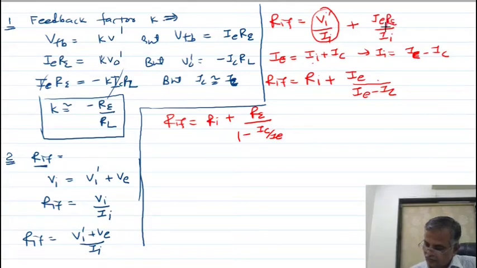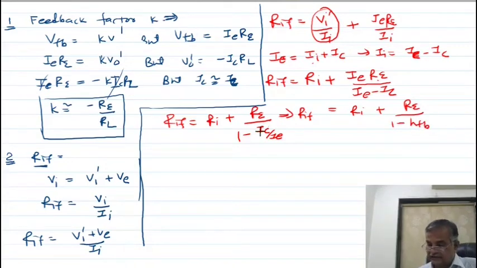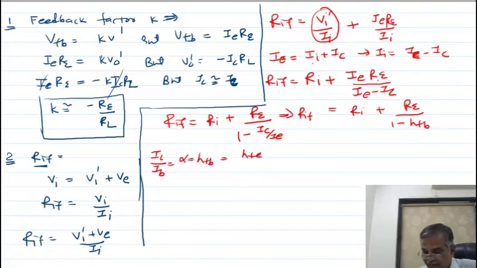Re, I should use a proper symbol. This is Re. Now, this is another Rif, which is nothing but Ri plus Re over 1 minus HFB, collector current upon emitter current. That is the current gain for a common base transistor, collector current upon emitter current, which is your alpha, HAB, and it is nothing but HAB upon 1 plus HAB, you must be knowing.